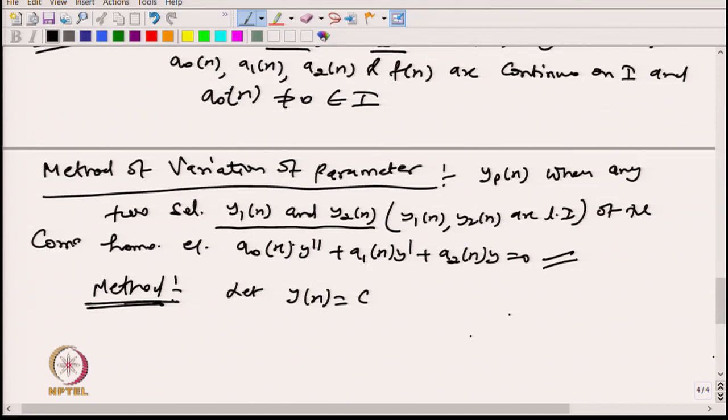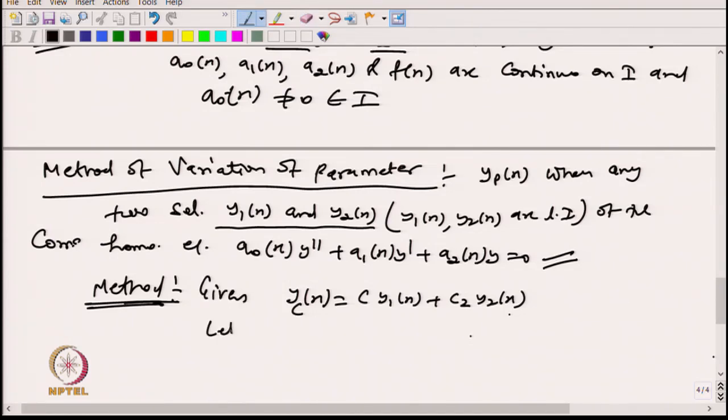If I know y1(x) and y2(x), I can write my complementary solution as c1 y1(x) plus c2 y2(x). So this is known to me, it is given.